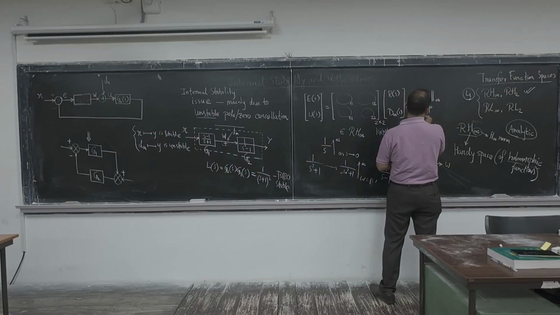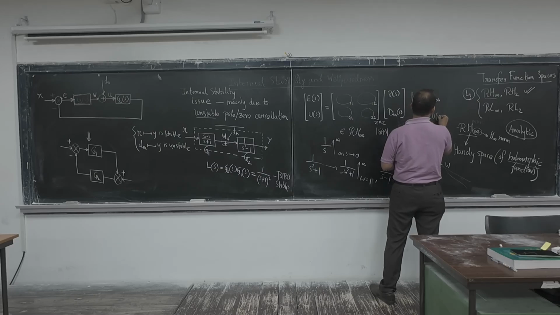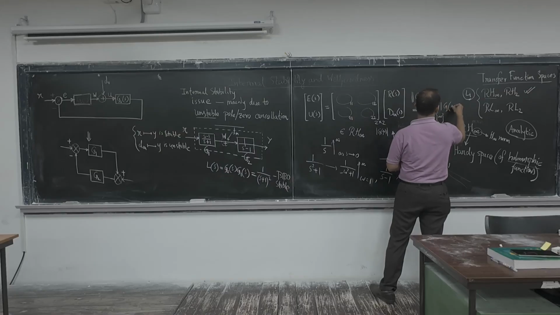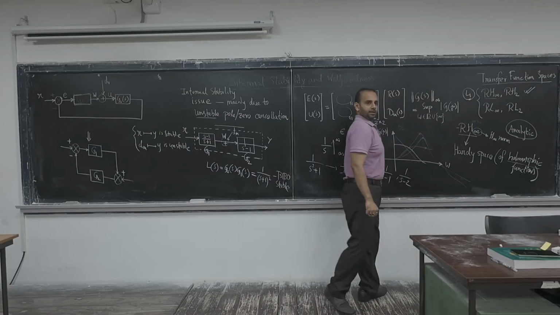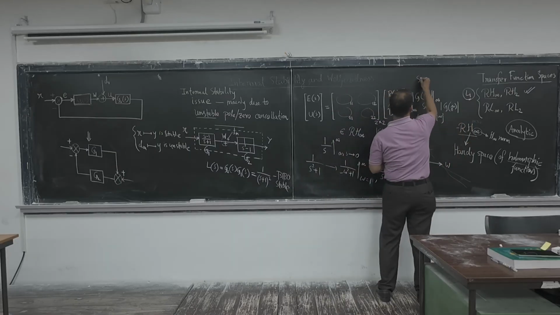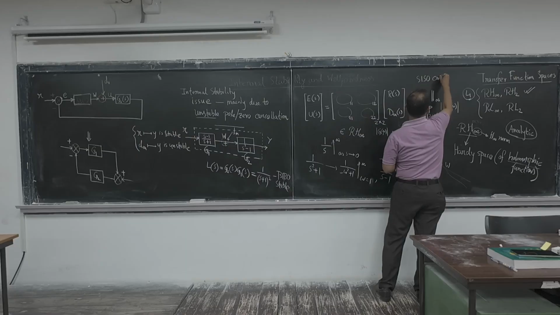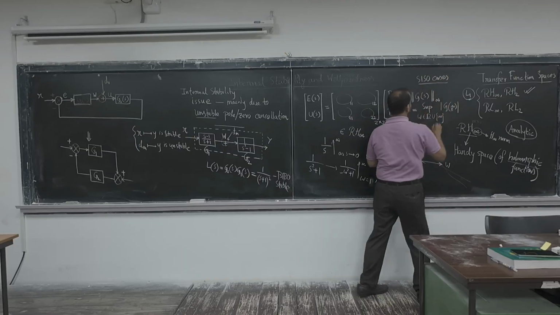Because when I find the expression individually and then put the limit, suppose we denote this one by T, then what will happen at T of infinity? T of infinity means all the frequency domain quantities where you put the limit, provided they exist. Now in that case, it is not going to exist.